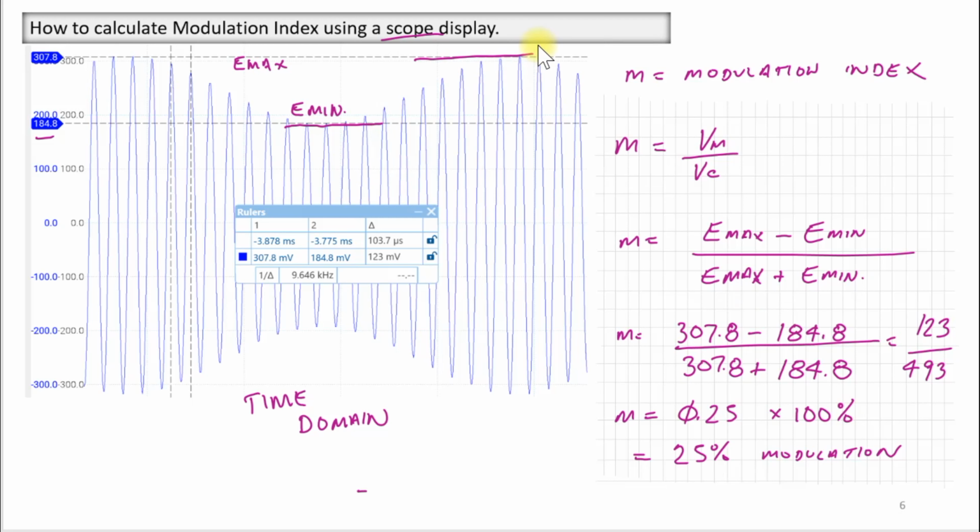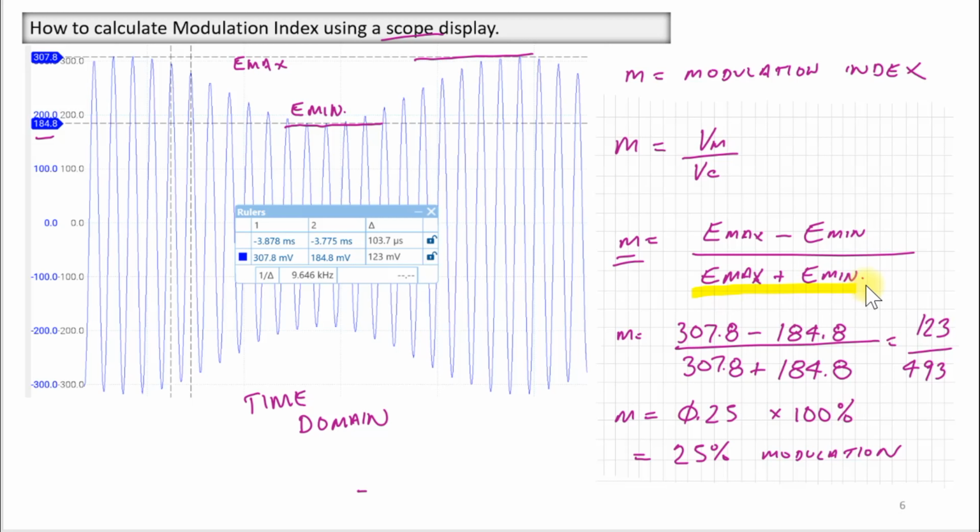The E represents voltage. And so that really is telling me the difference in the modulation voltage divided by the carrier voltage. And you can determine the value of M by taking E max, subtracting E min, and then dividing that by E max plus E min.